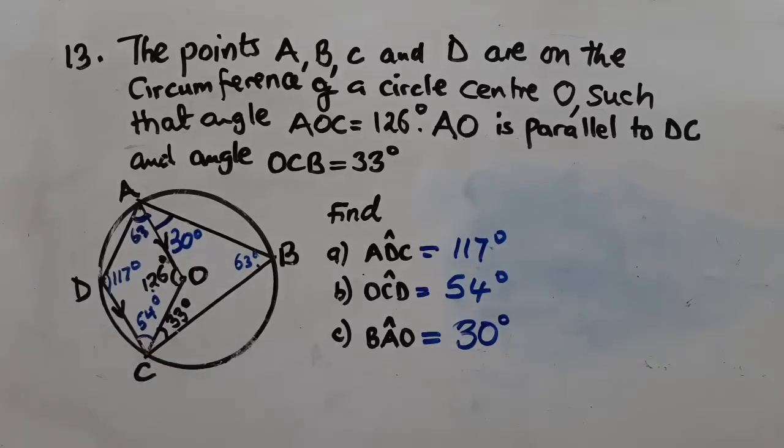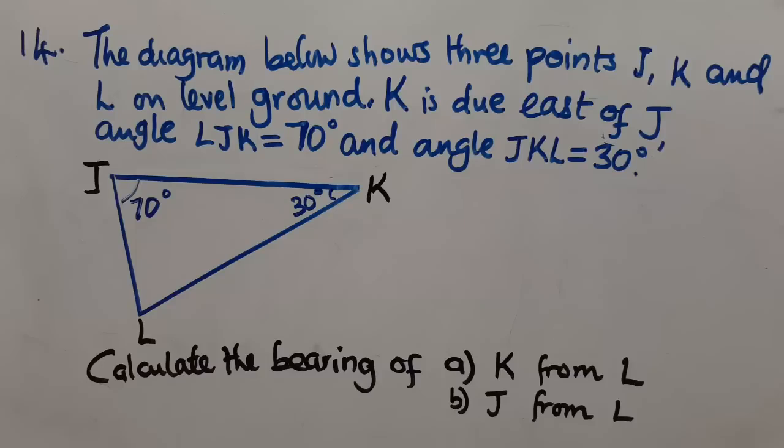Okay. So we can go to the next question, which is question 14. The diagram below shows 3 points, J, K, and L, on level ground.